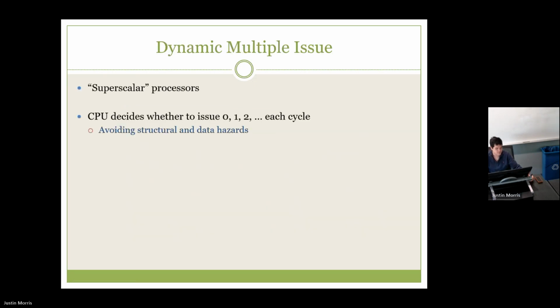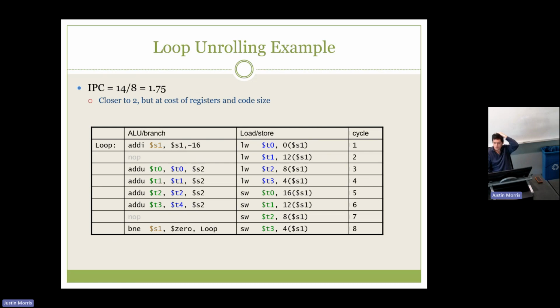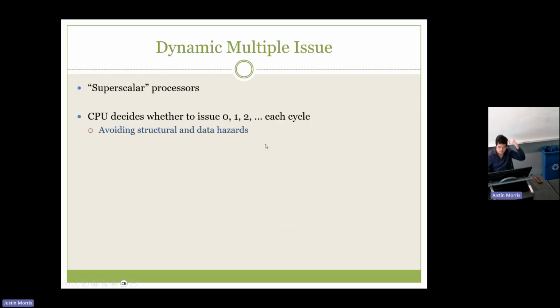That's the other thing. We have dynamic multiple issue. Rather than the static multiple issue, like we're always fetching 2, with dynamic multiple issue the CPU is going to decide whether to issue 0, 1, 2, however many it can support each cycle.